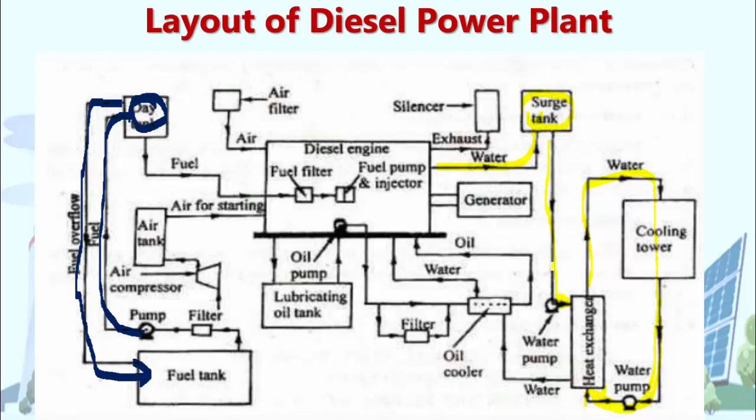So this hot water enters the heat exchanger, and there it exchanges its heat to this cooling water, and it becomes cooling water, right? This cooling water is directly supplied to the diesel engine, right? Here it will take the heat and become hot water, then again the circuit repeats, right? This is the cooling water circuit.